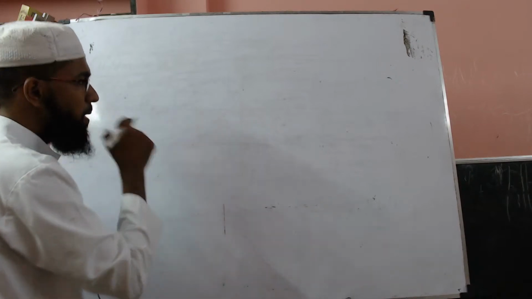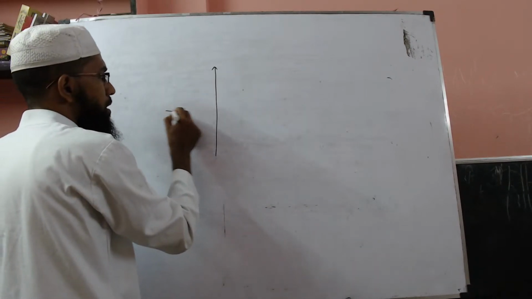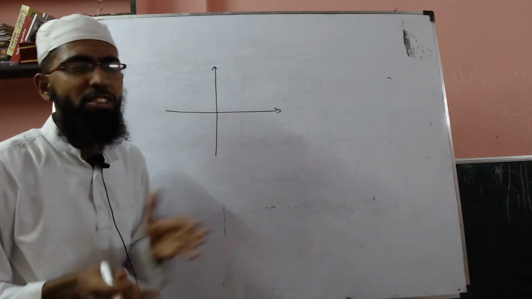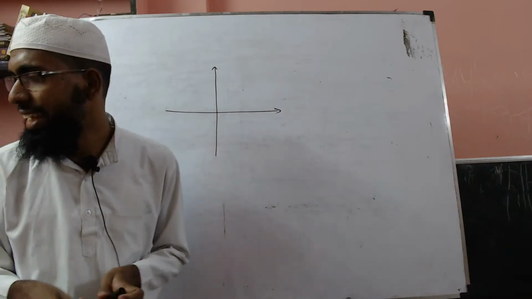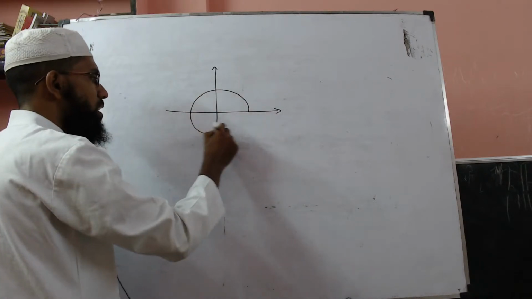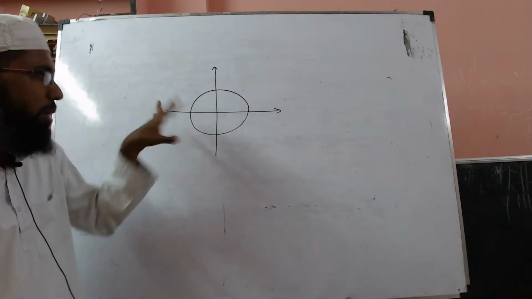Now, we all know we measure 1 degree, 2 degrees, 3 degrees. Take a circle and draw it in the xy plane.